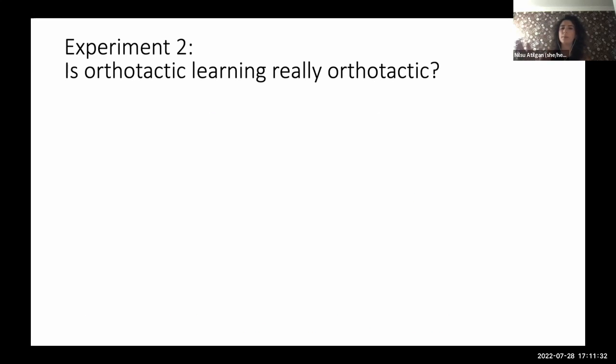Switching to experiment 2, this time we are asking, is orthotactic learning really orthotactic? So we saw in the first experiment that there is robust orthotactic learning, but we don't know if phonotactic learning is interfering with this at all.